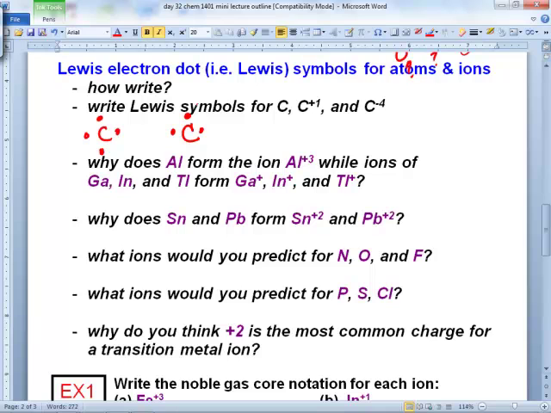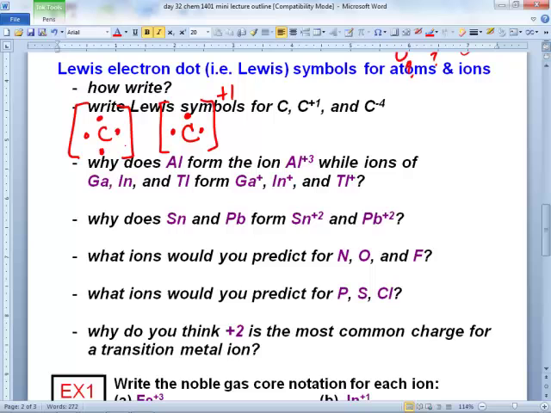And you're going to get points taken off if you leave it like that. What they want you to do every single time is put brackets. Now you can put in a plus 1 as a charge. You can put brackets all the time. It doesn't hurt anything. But don't put a charge if there's no charge. Right? So you can always put brackets, but you have to put brackets when it's an ion.